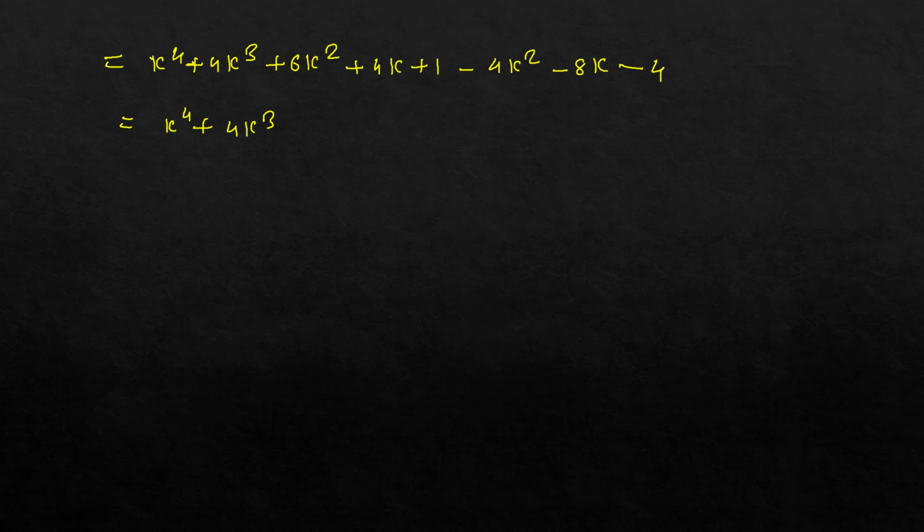Now here we get k raised to 4 plus 4k cube plus 6k square plus 4k plus 1, then multiply by 4, so we get 4k square minus 8k, then minus 4. So is equal to k raised to 4 plus 4k cube, then plus 6k square plus 4k and minus 8k, then minus 4k square and then minus 3.